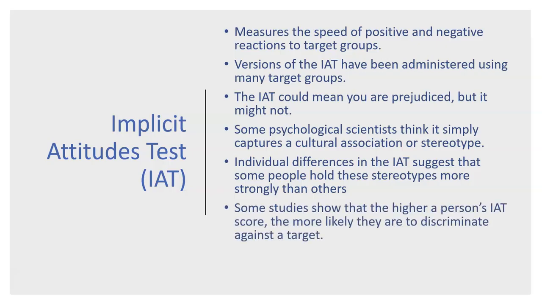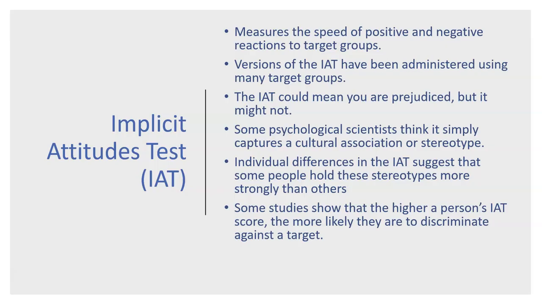Some research, not all, but some research shows that the higher a person's IAT score in whatever domain, the more likely they are to discriminate. But you shouldn't take that too far because there are variations across people. There are some studies that don't show that effect. The studies that do show the effect tend to suggest that it is a likelihood, but not a one-to-one relationship.